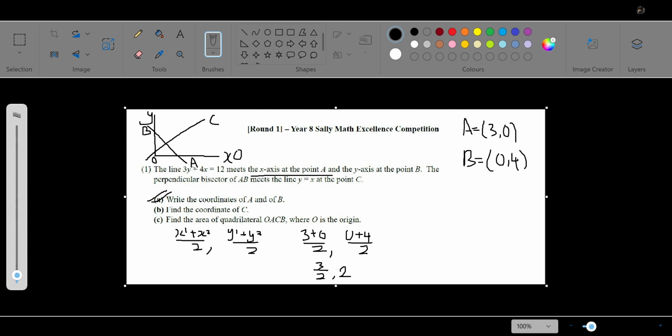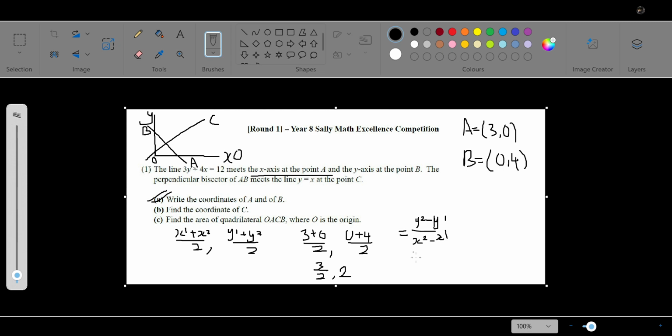Next you have to calculate the slope of AB, which is the difference in y coordinates divided by the difference in x coordinates. So it goes like this: y2 minus y1 over x2 minus x1.